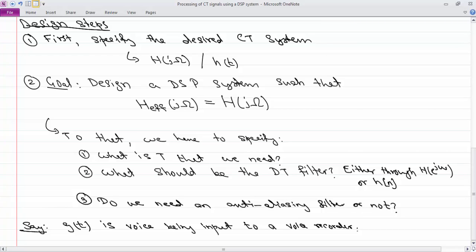And what you want is, you want to low pass filter that voice. So low pass filter the voice to, let's say, 4 kilohertz.